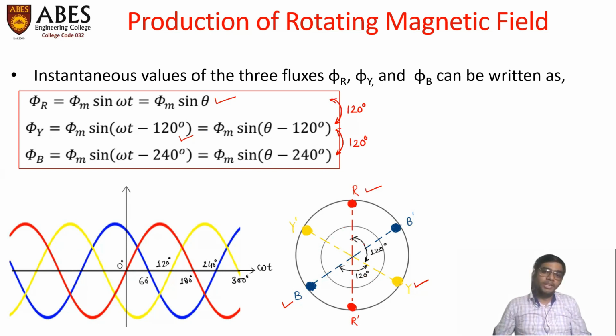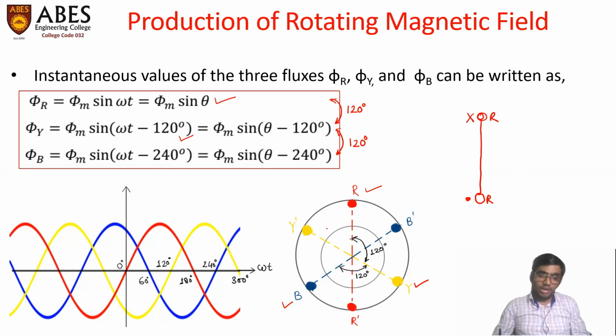If we consider the red phase, then for the positive half cycle, the direction of current will be inward through the upper coil side and outward through the lower coil side.